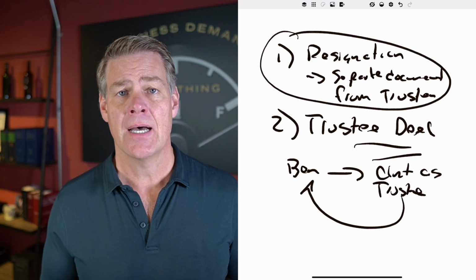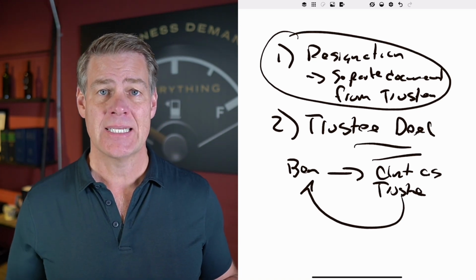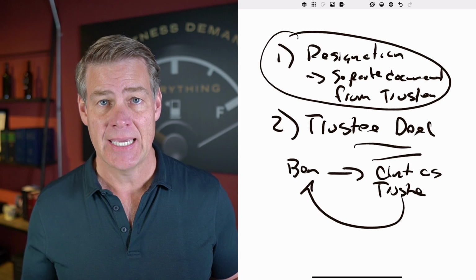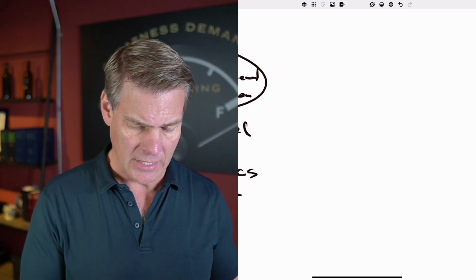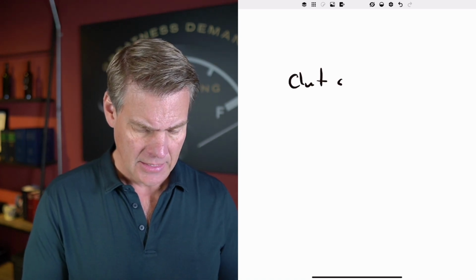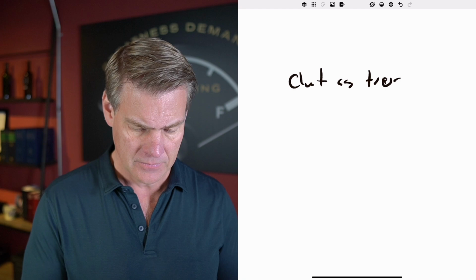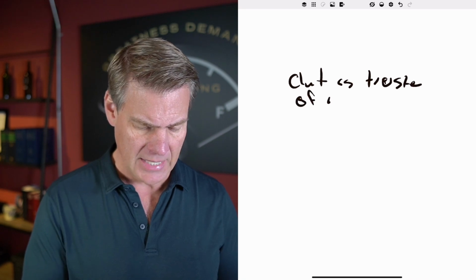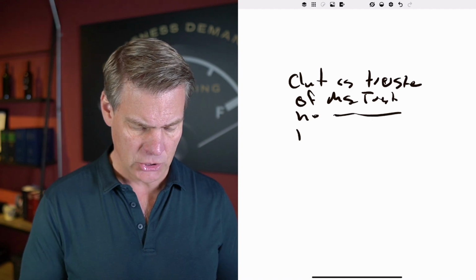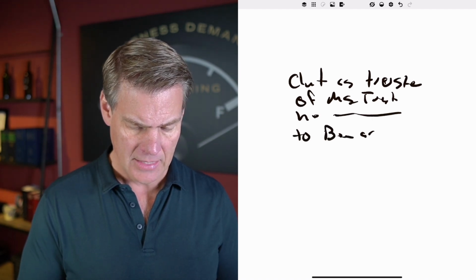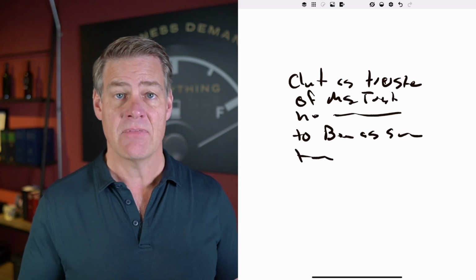So every time a nominee trustee resigns after title's been taken in the trustee's name, so it says Clint Coons, trustee of the main trust, what I end up doing, and what you should get from your nominee trustee, is I'll draft a new deed called a trustee's deed, where I'll say Clint as trustee of Main Street Trust hereby conveys the property to Ben as successor trustee of the Main Street Trust.